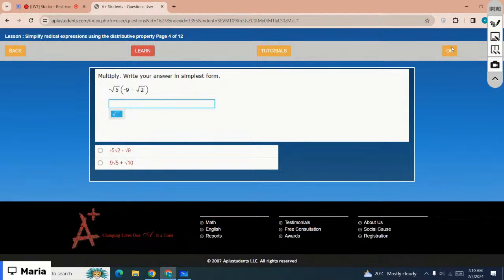Yes, the correct option is option number 2. That is 9 square root 5 plus square root 10. Okay, you can complete the lesson by yourself later today. Let me move on to the next lesson.